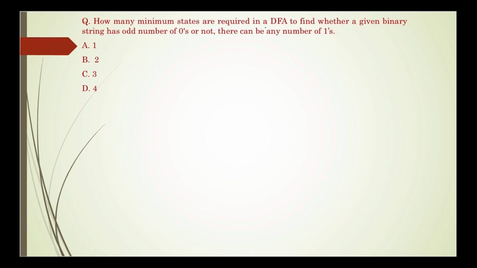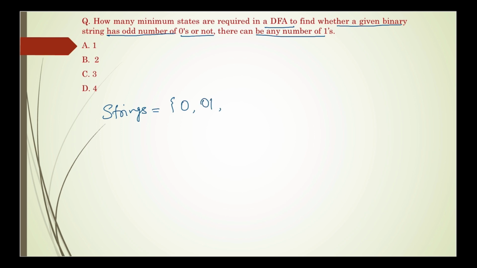Our next question is, how many minimum states are required in a DFA to find whether a given binary string has odd number of zeros or not, and there can be any number of ones. So our possible strings can be single zero. Since there is no restriction on 1, I can take 0 times 1 as well.